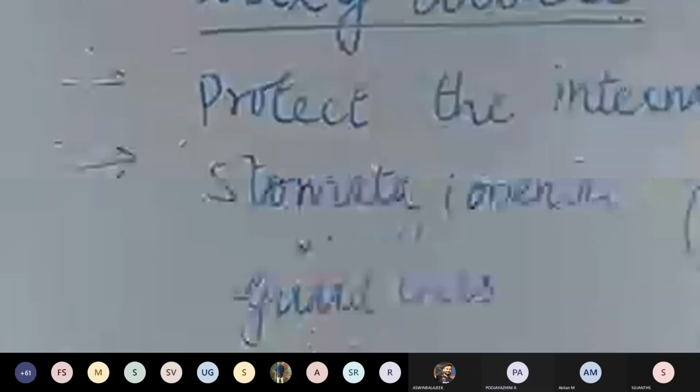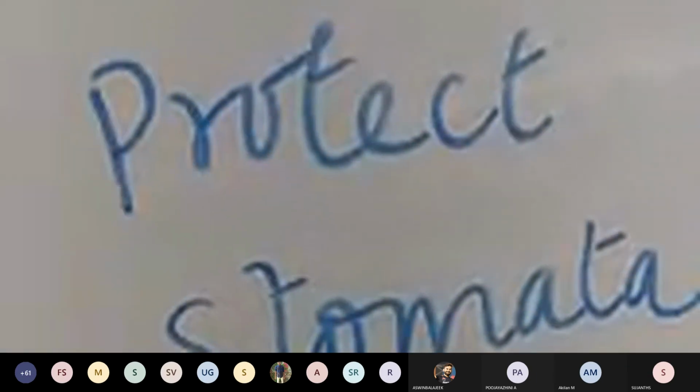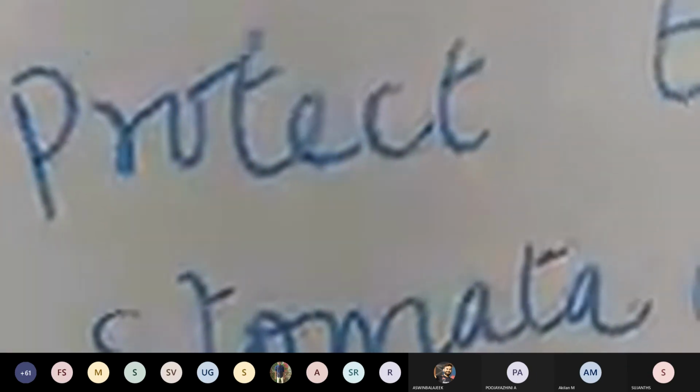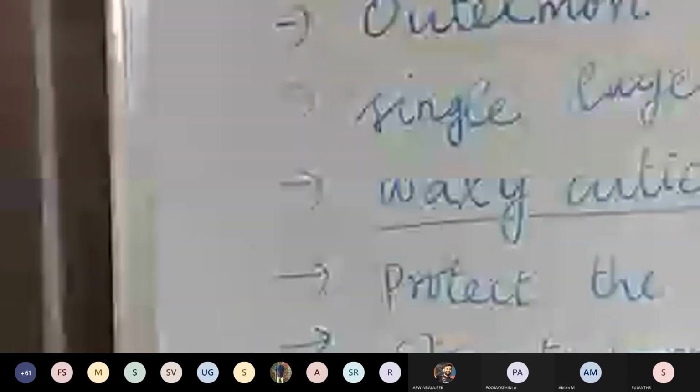They are otherwise called secondary meristem. We heard this word secondary meristem in yesterday's class. Plant tissues are divided into meristematic tissue and permanent tissue.